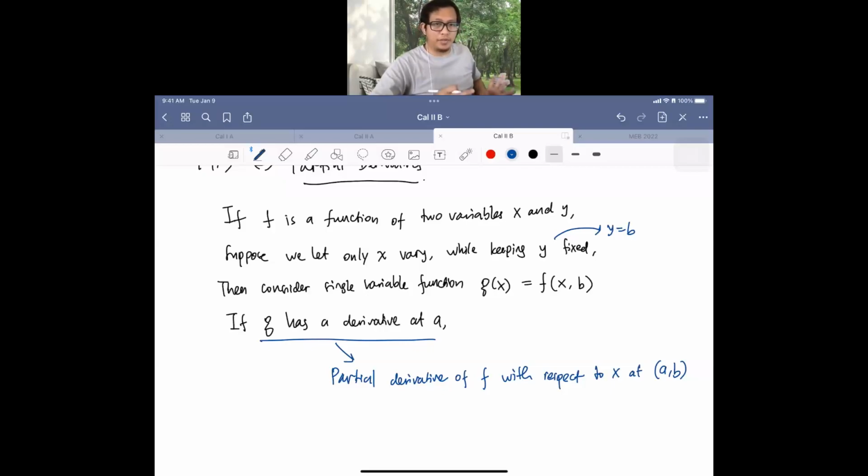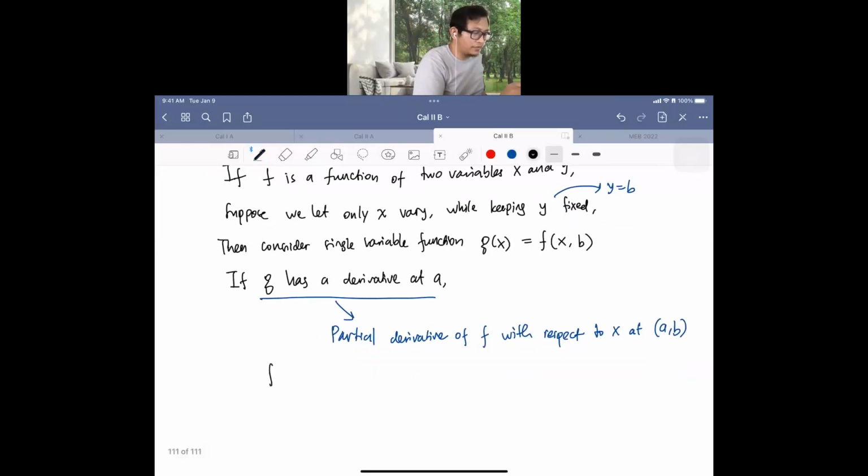Okay, so based on what we understood from the limit before, partial means we are deriving a function that has two variables, but we derive with respect to each of the variables. So first, for example, here we derive with respect to x. We can write f_x like this.